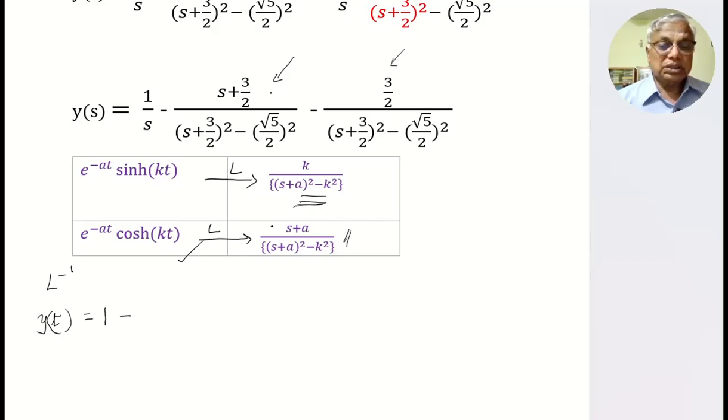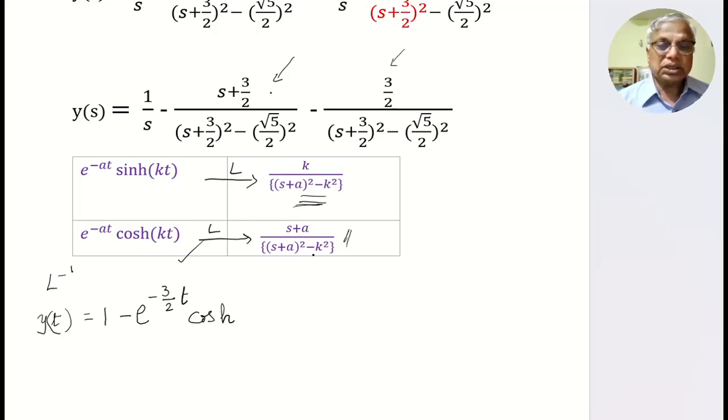So what will this be? e power minus at. What is a? a is 3 by 2, right? a is 3 by 2. So minus 3 by 2 t. e power minus at cos h kt.